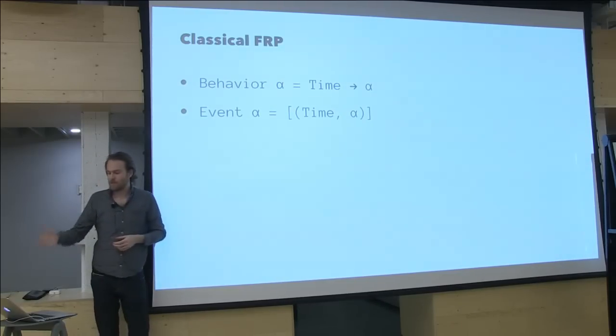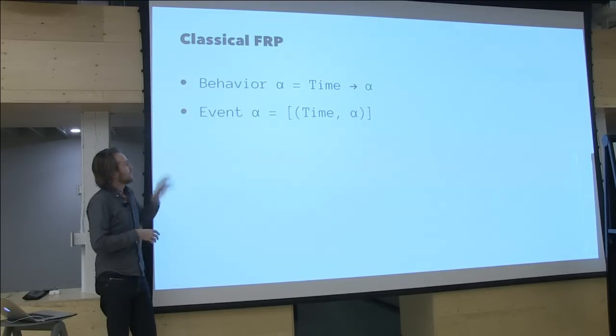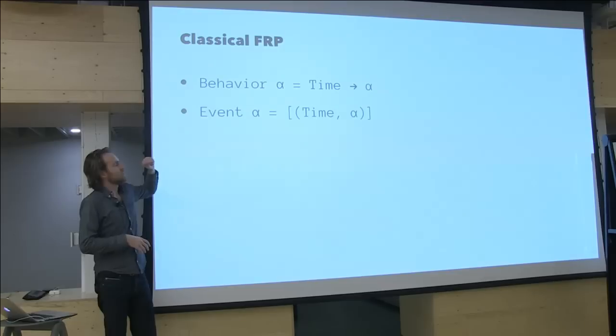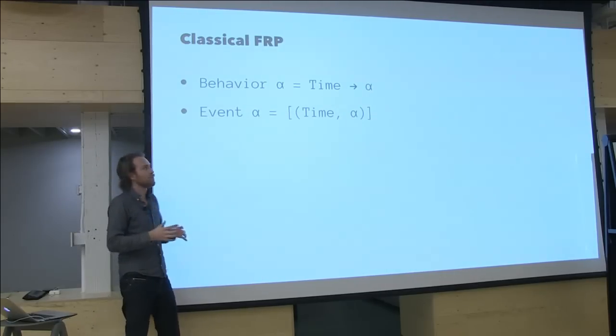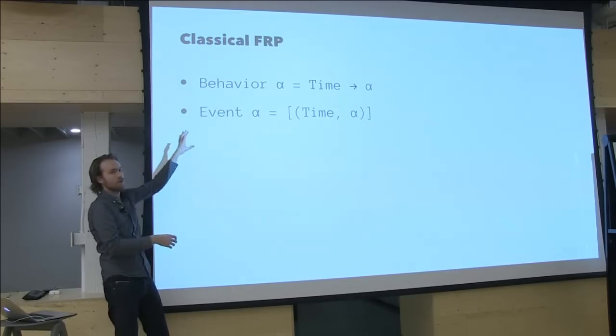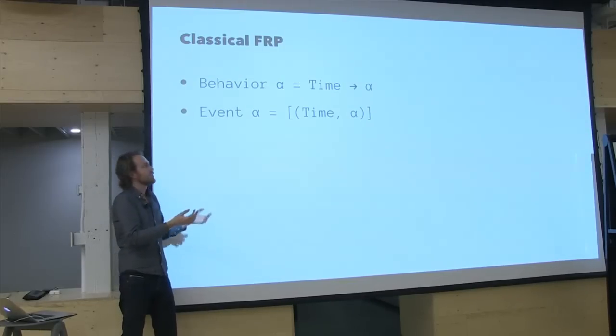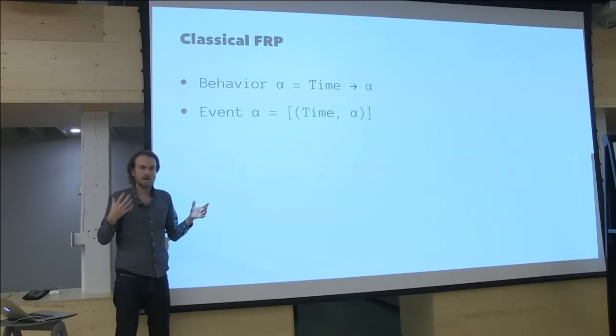Classical FRP talked about behaviors and events as two distinct things. Behaviors it described as a function from some time, like a timestamp, to some value of some type. So a behavior of strings you could think of as a function from some time to some string.